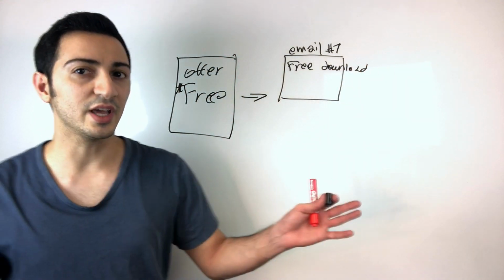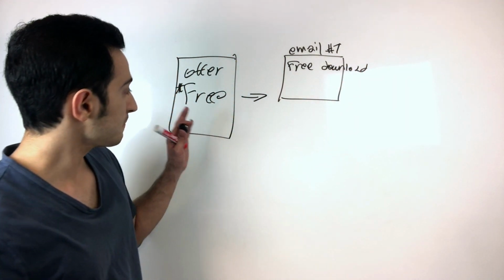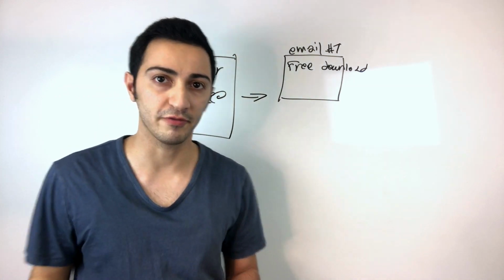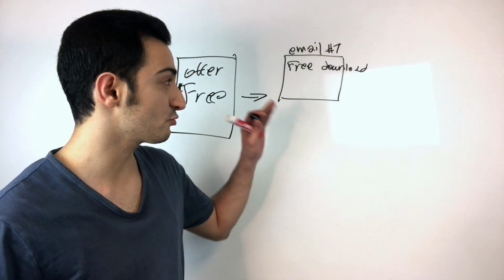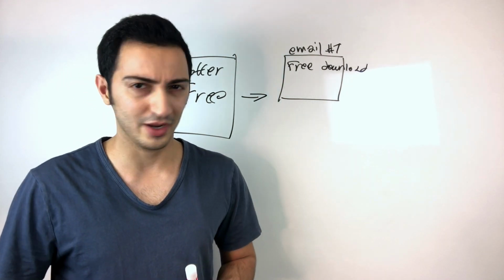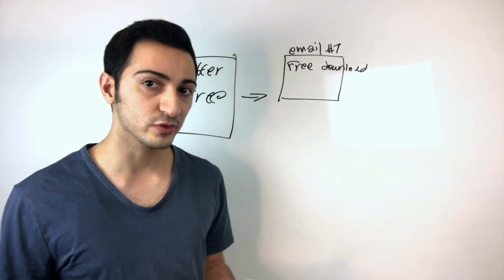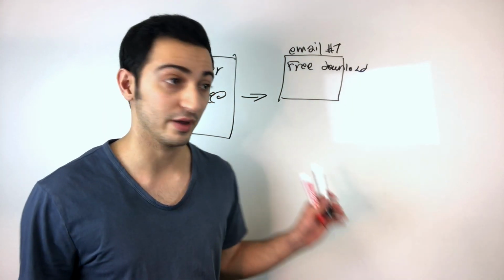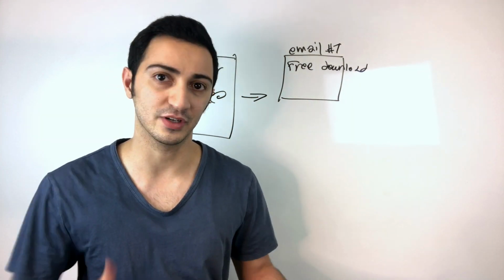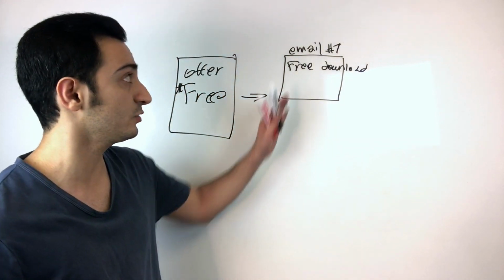The reason I usually put the incentive, whatever you're offering, in the first email is that you want to make sure that they open your email. This is really critical. It depends on the funnel usually, but most of the time I try to get people to confirm their email before they download whatever I'm offering. This way, first of all, they get to open the first email.